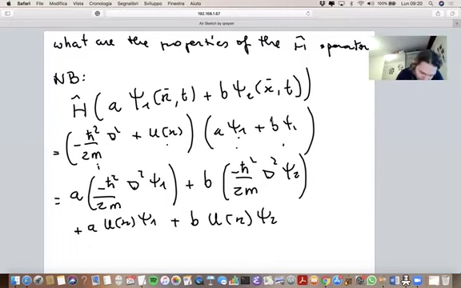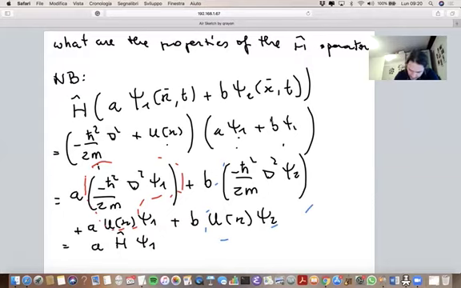Then if you combine things together, you find a H psi1, because I'm combining this with this. Well, let me go back. It looks a little bit awkward, right? And b combining this together.